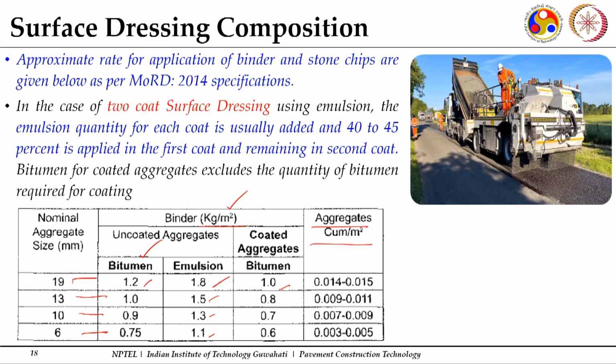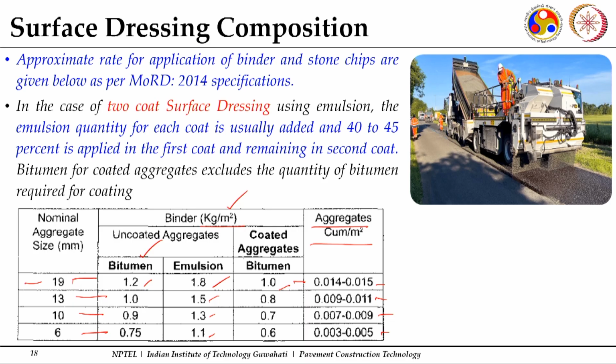So you can see for the different NMS how much amount of stone chips you require. For NMS 19, 13, 10 and 6, the required quantities of stone chips as well as the required quantity of bitumen or emulsion as per your selection is given here.